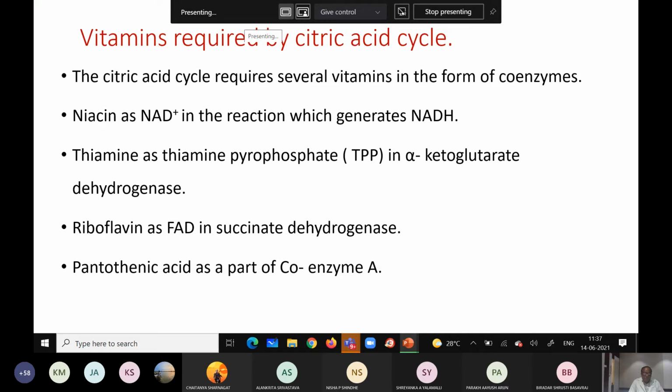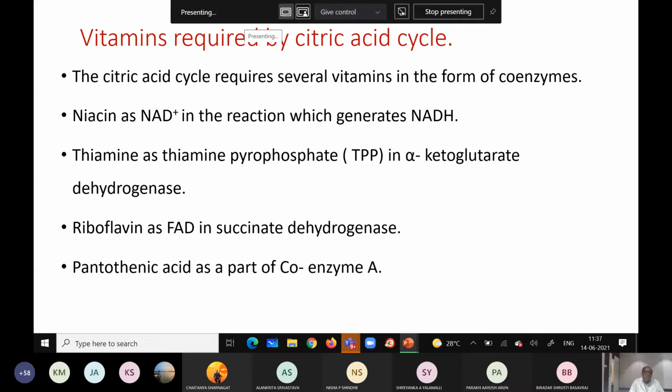Another coenzyme is TPP, thiamine pyrophosphate from thiamine. It gets involved in the reaction with the enzyme in the alpha ketoglutarate dehydrogenase, and riboflavin, as the flavin adenine dinucleotide reactions.